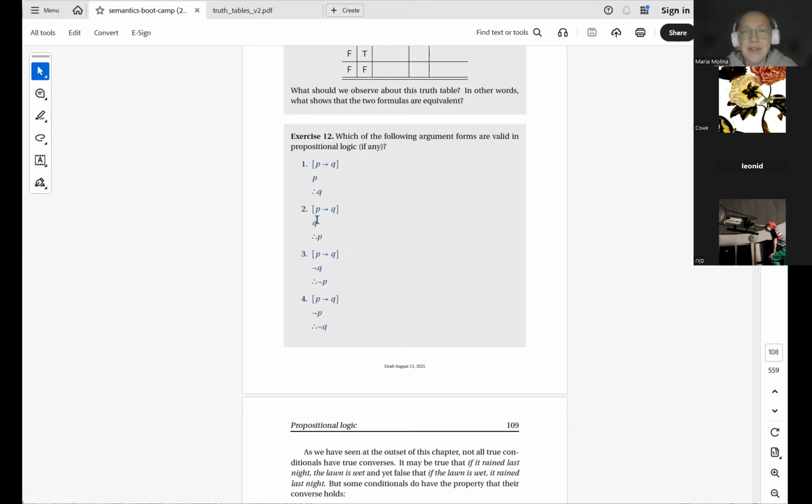Q is given. The conclusion is P, but the formula is if P is true, then Q is true. So if Q is true, is it necessarily the case that P is true? P might be true, maybe not.